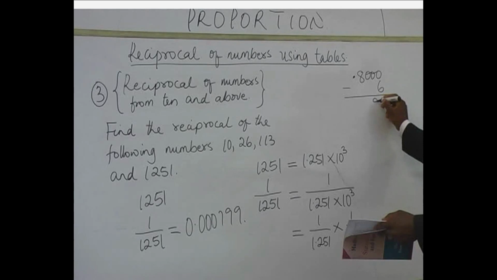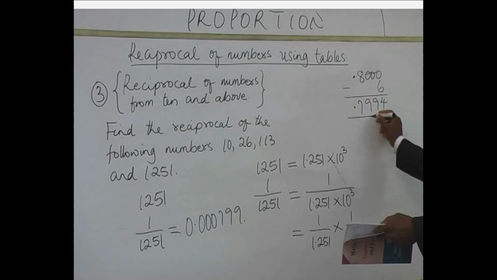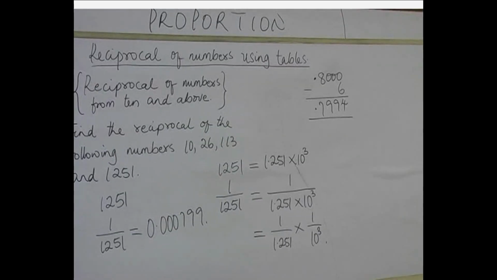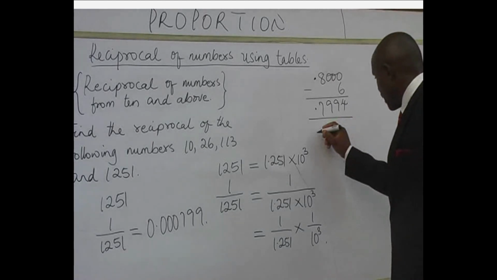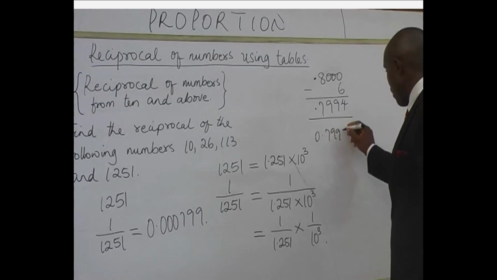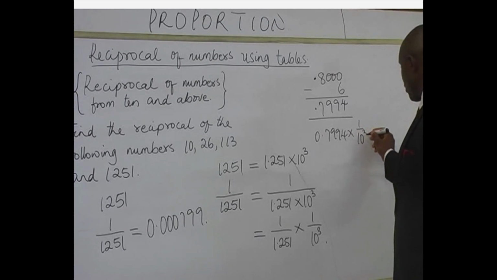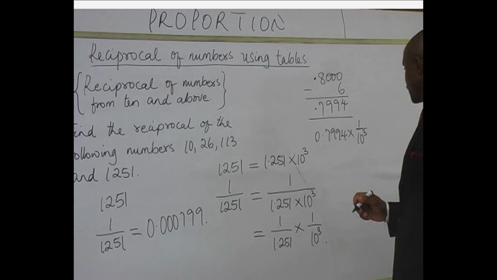This will remain 9. This will remain 9. And this will remain 7. Put your point. Now you are going to have 0.7994 times 1 all over 10 exponent 3.